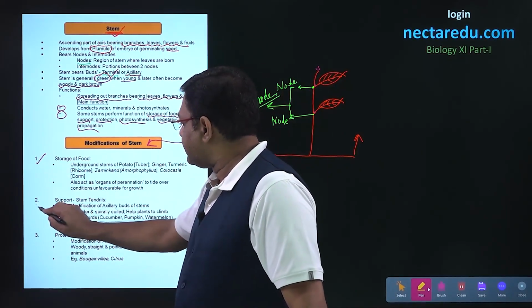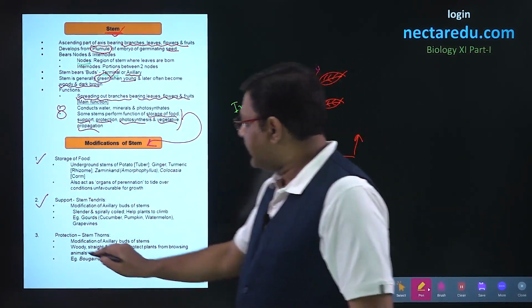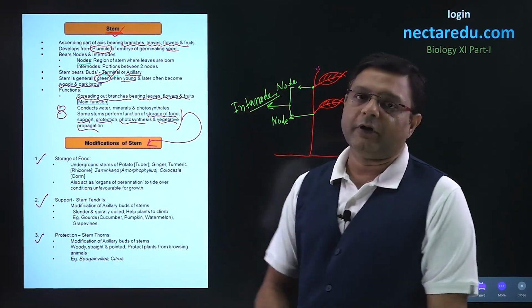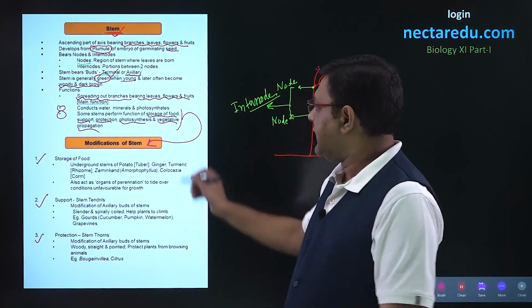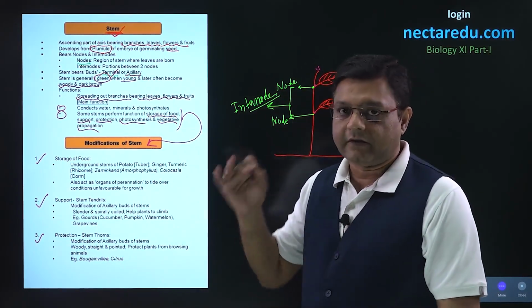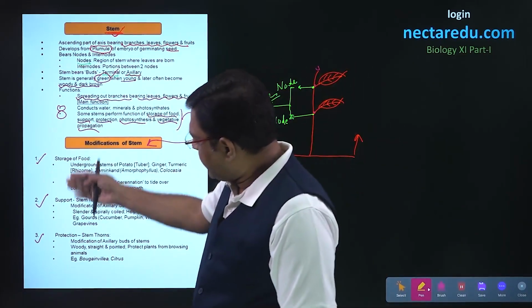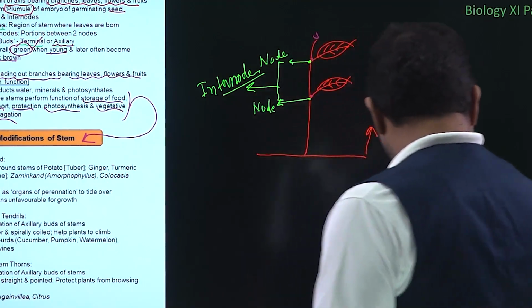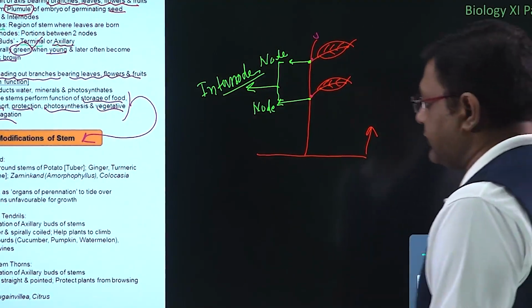The second modification is support. The third modification is protection. The fourth and fifth modifications, that is photosynthesis and vegetative propagation, we will look into in another video. Now, dealing with the 3 modifications over here, the first modification is the storage of food.